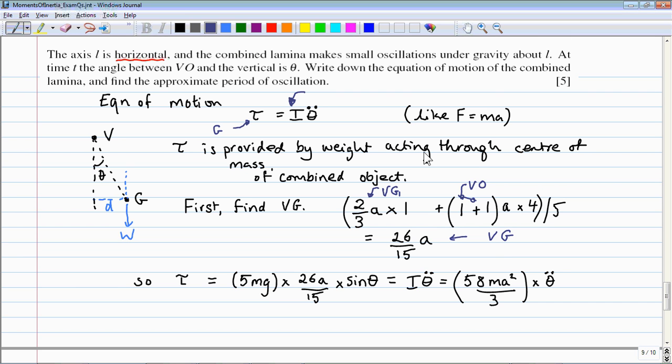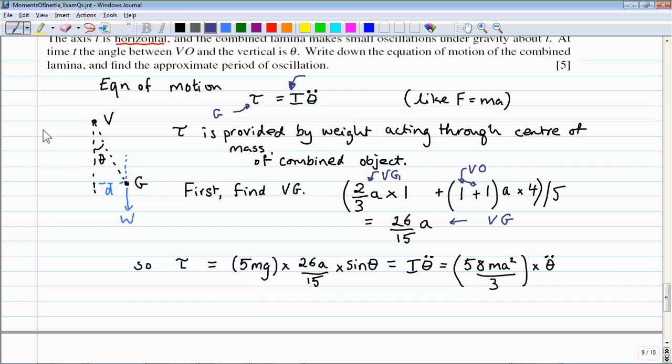So why did we need to calculate that? Just to recap, that allows us to calculate, if we look at this diagram, the turning effect of the weight of the whole system. The whole system has a weight of 5mg, and that weight must be multiplied by the perpendicular distance of the line of action of the weight from the pivot at V. So that means we need to do VG times the sine of theta to get d.